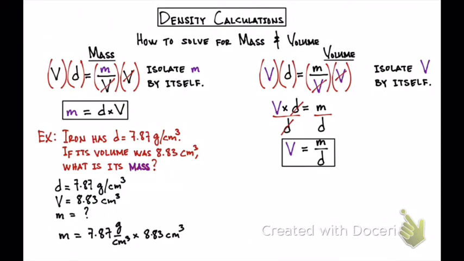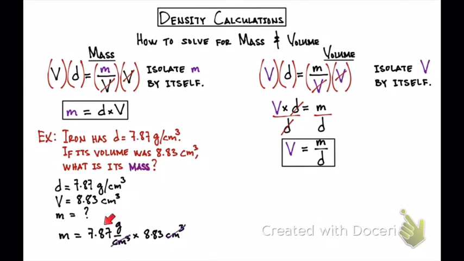So mass is equivalent to density times the volume. The density is 7.87 and the volume is 8.83 cubic centimeters. Here you can see that the unit cubic centimeter will cancel each other out right here.